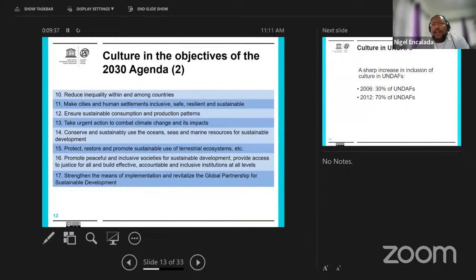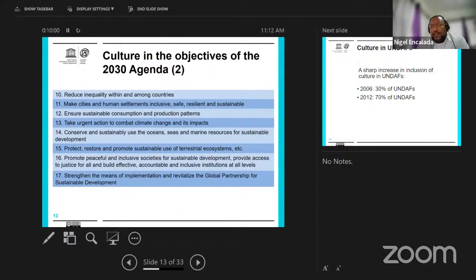Reduce inequality within and among countries. Make cities and human settlements inclusive, safe, resilient, and sustainable. Ensure sustainable consumption and production patterns. Where does ICH fit into that? Take urgent action to combat climate change and its impact. Where does ICH fit into that?